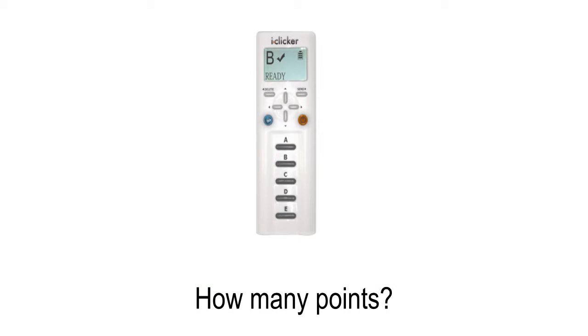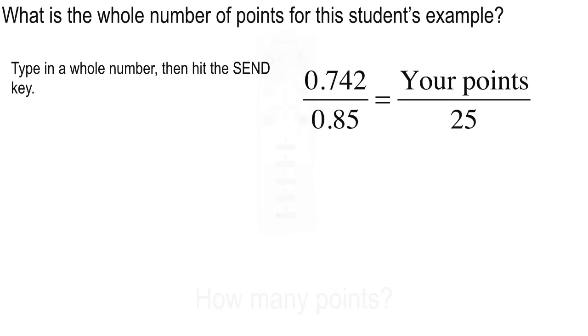Let's keep going. So what I want to ask you now is a calculation of how many points. So there's your proportion, and let me start the question. Okay, and just double check with your neighbor.